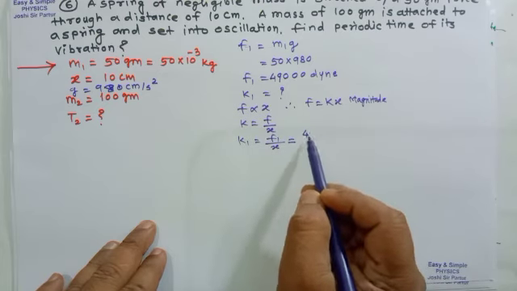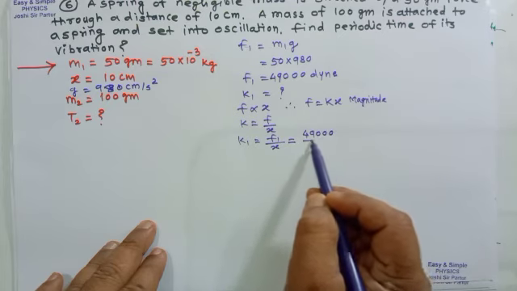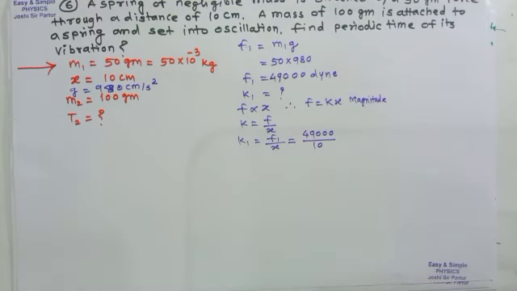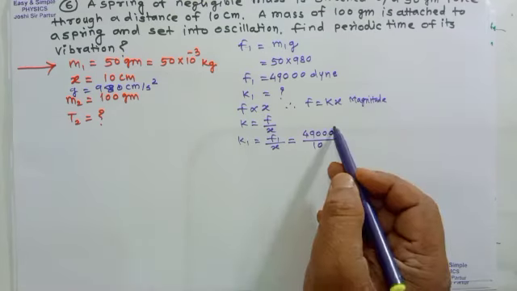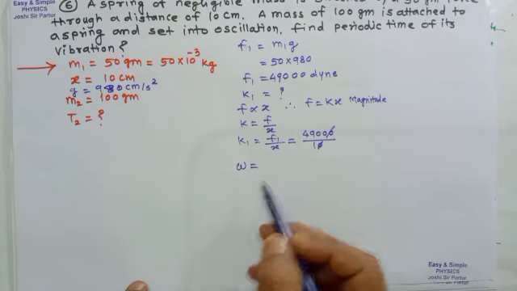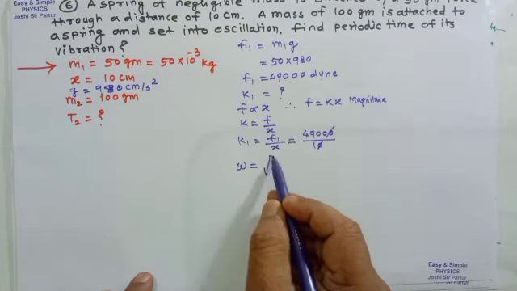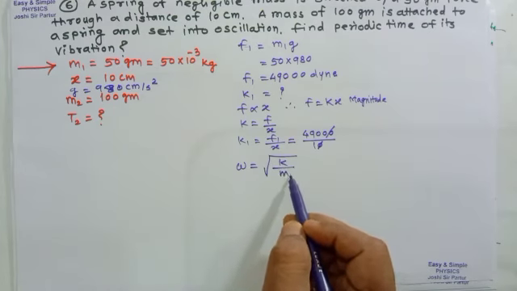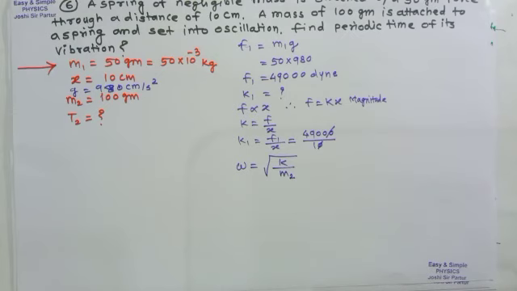So here 49000 divided by 10, X is given as 10. So 0 gets cancelled. So this is the value for K1, 4900. Using this value, we can find out omega. Omega is equal to square root of K upon mass m2, because we want the time period for 2.